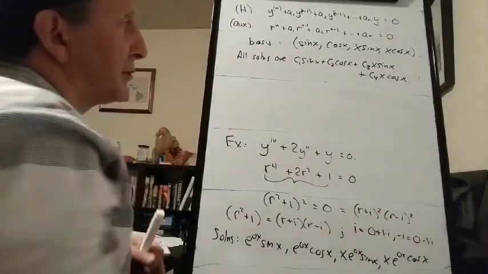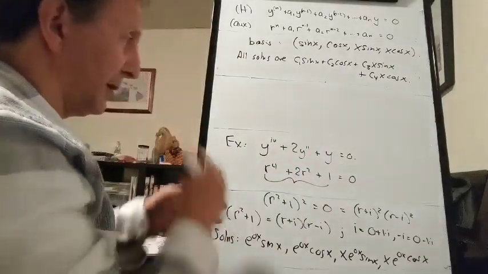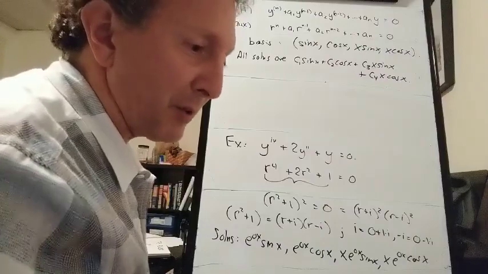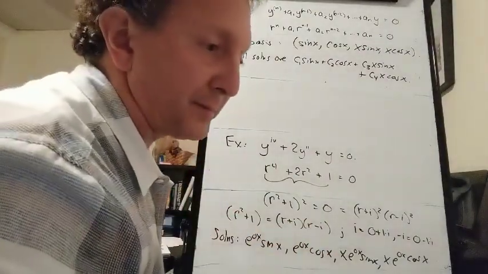Alright, now let's do one example. I won't write out the differential equation because the example I want to do is so big that it's going to be cumbersome. But let's say we've got a big differential equation and I factored it.